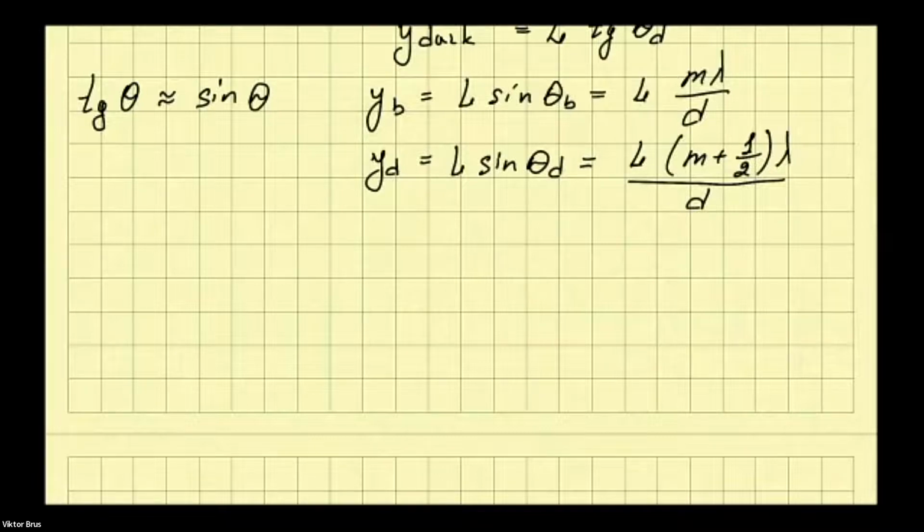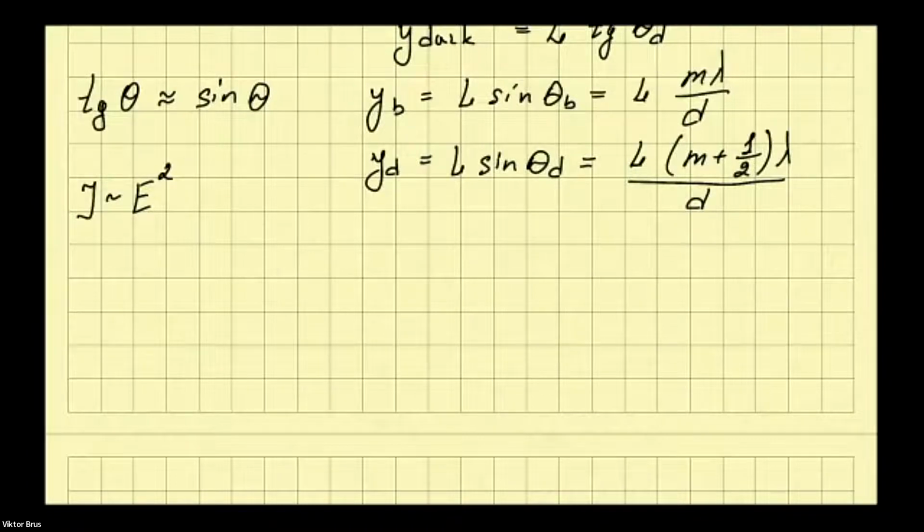And the most reasonable approach for this, since we know that light intensity is proportional to the electric field squared of an electromagnetic wave, will be to consider two waves, in particular, how electric field is changing over time.